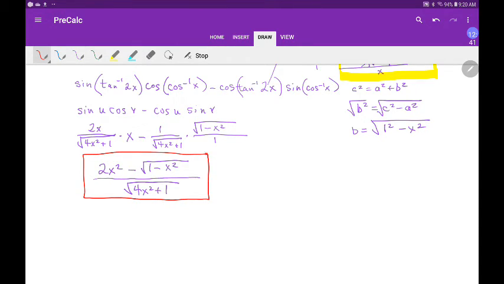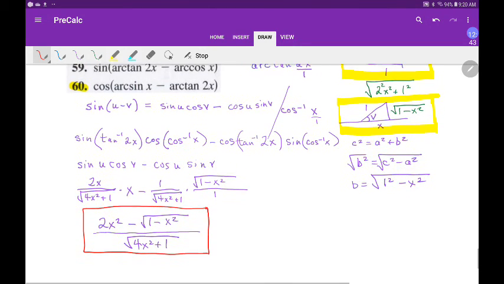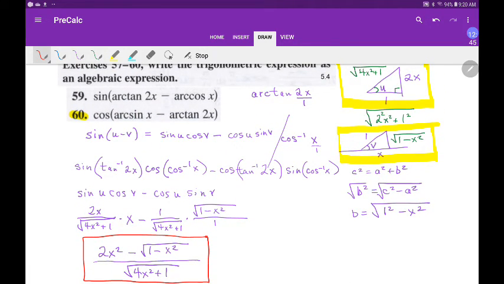So, did I really care what the angles were here? No. U is something. I don't know what it is. V is some angle. I don't know what it is. I don't have to care. The inverse functions on the inside of the parentheses imply some angle. And then the sine and the cosine on the outside of the parentheses use that angle to get something in terms of x, which I do not know.